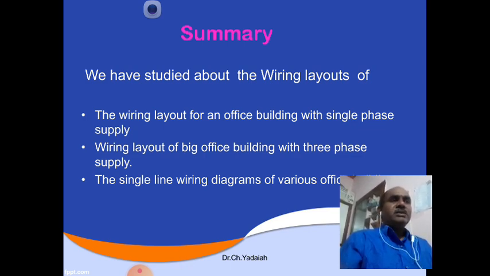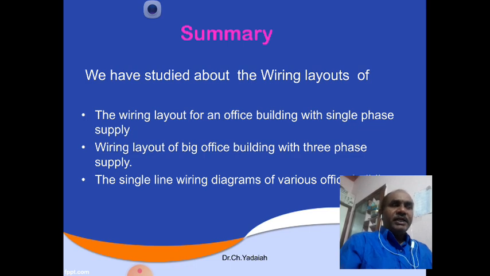First you identify the loads, calculate the total number of loads, and identify the number of points, whether lighting points or power points. Differentiate how many lighting loads, what is the wattage, number of points, and what is the number of power loads, find it and sum up the wattage.